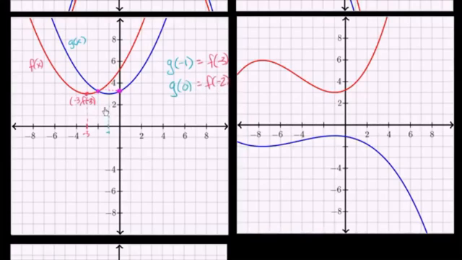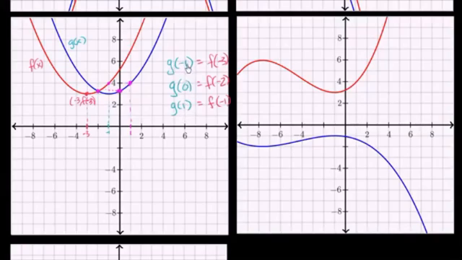We could keep doing that. We could say g of 1, which is right over here. This is 1. G of 1 is equal to f of -1. So I think you see the pattern here.